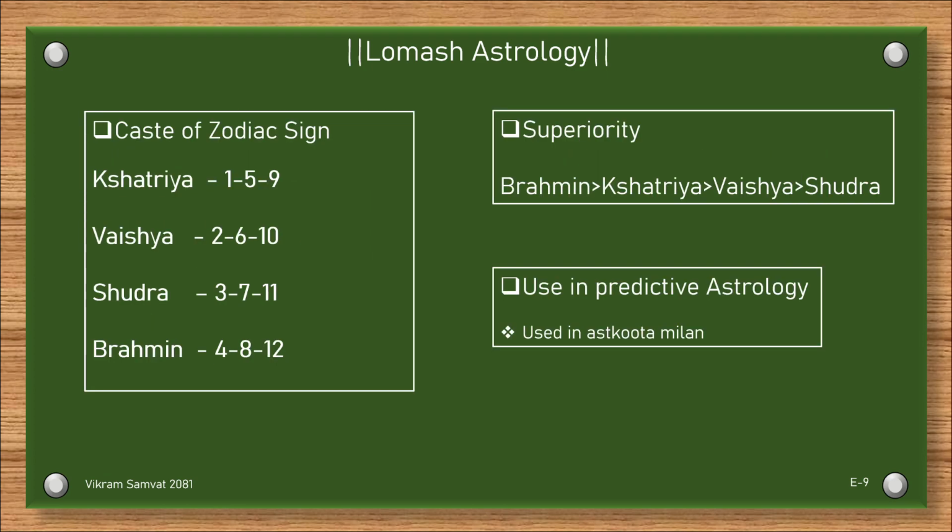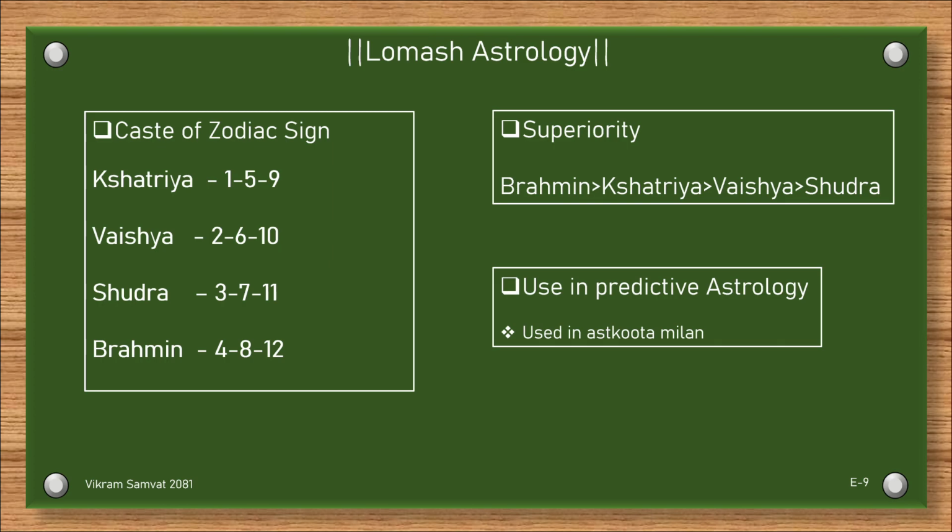Then coming to zodiac sign classification based on caste or varna. There are 4 varnas or castes, which are Kshatriya, Vaishya, Shudra, and Brahmin. This classification is based on what type of work is basically assigned to a person, or that he is capable of doing, right?